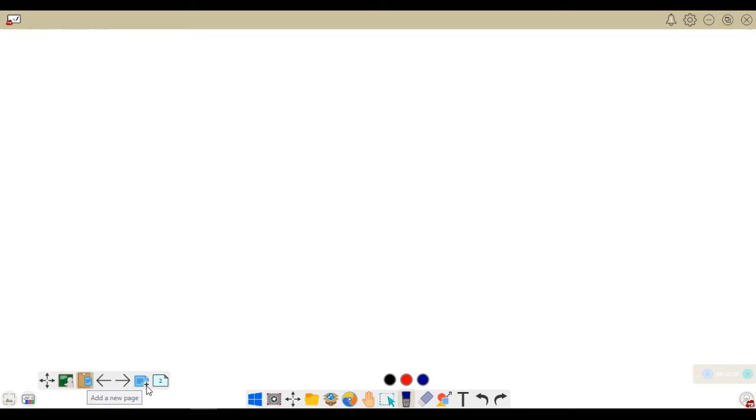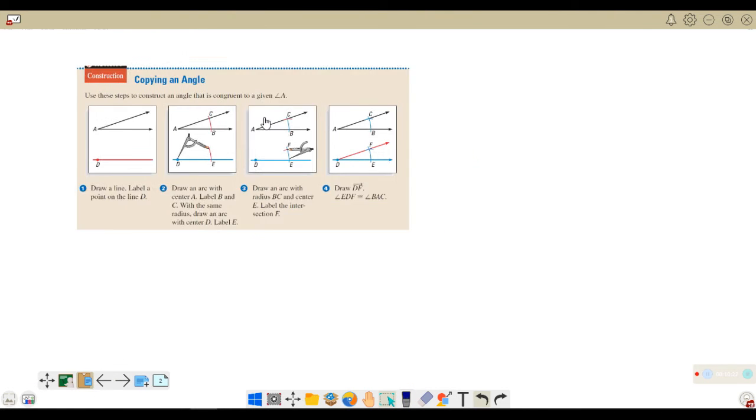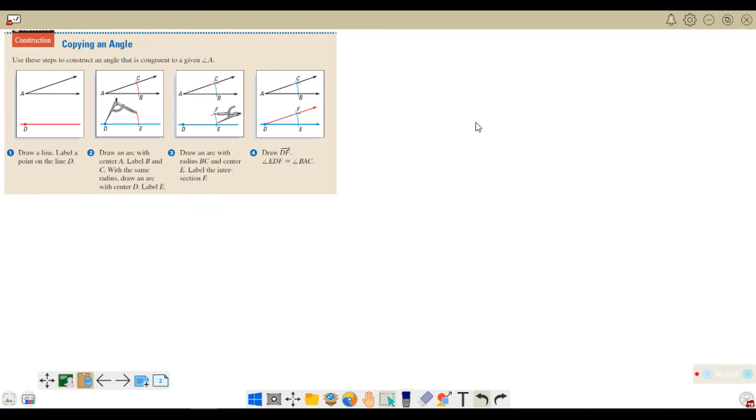And then, I will show you how it is done. Hopefully, kaya nyo pa siyang basahin. Parang readable pa naman siya pag ganyan kaliit.